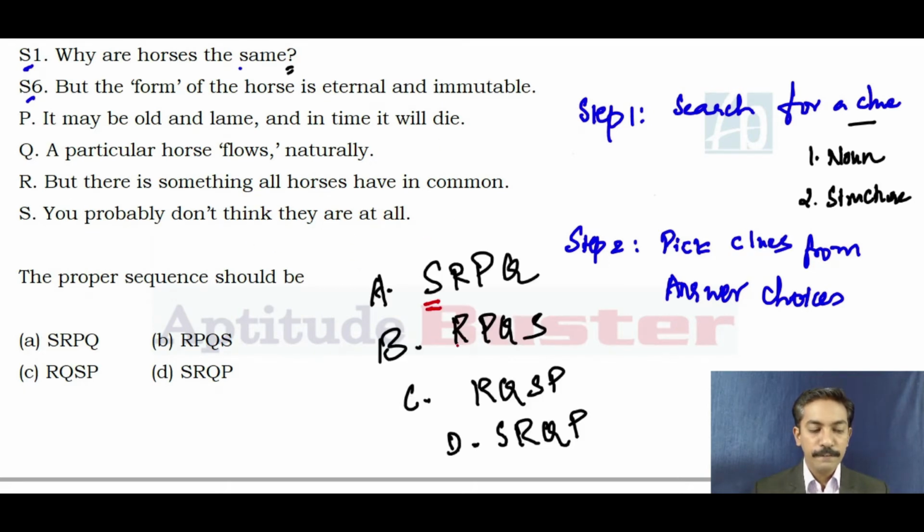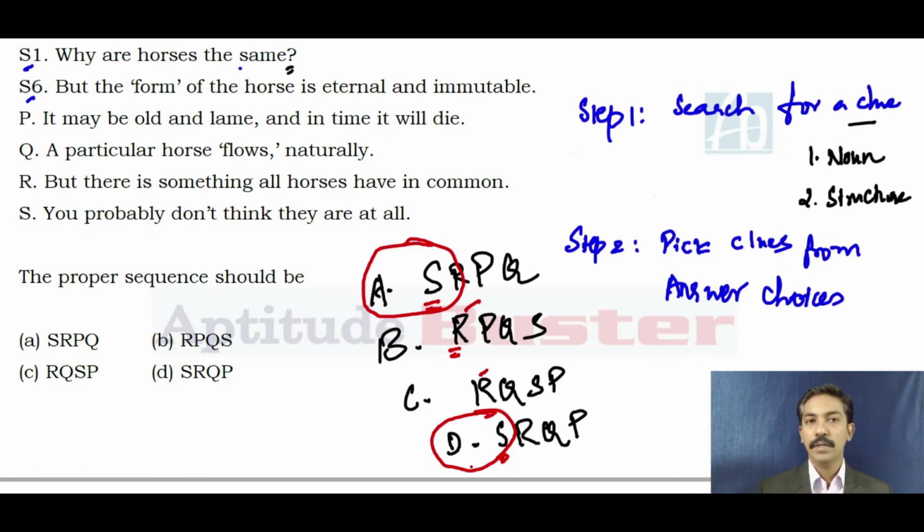Please focus on the first segment of each answer choice. As you do, you can see 2 choices begin with S and 2 choices begin with R. So what does it mean? For S1, the following sentence should begin with S or should begin with R. Let's check it immediately. It won't take much time.